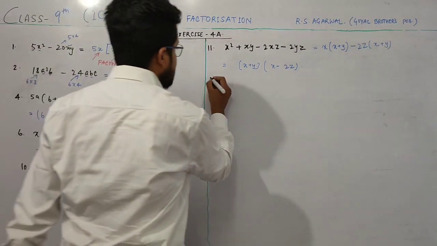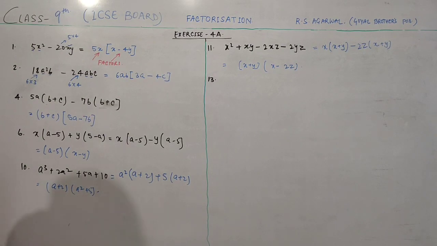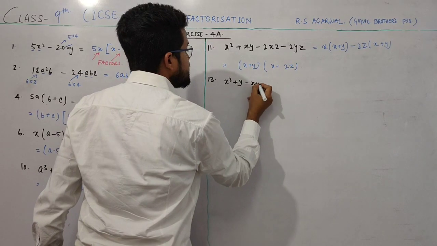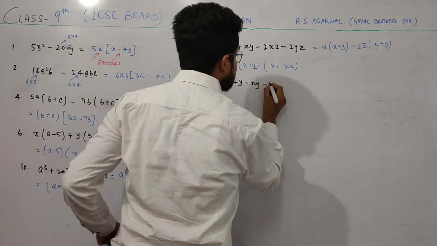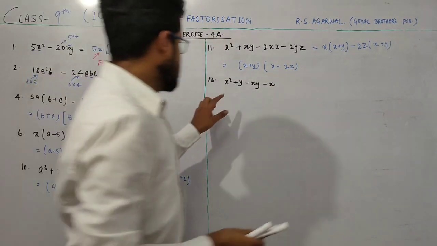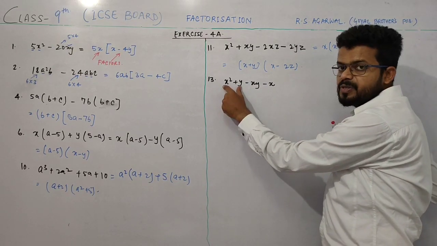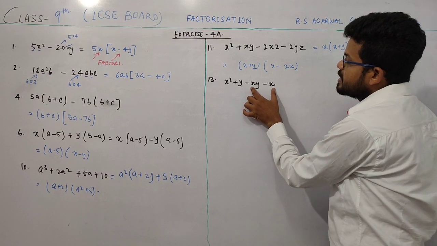Question number 13. x square plus y minus xy minus x. Now look, here it is x square plus y. Is anything common in both of these? No. And here the common is x.